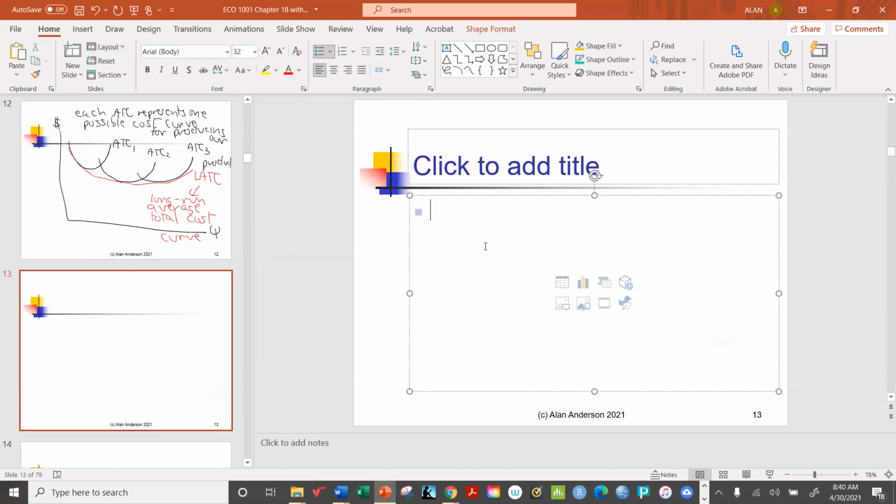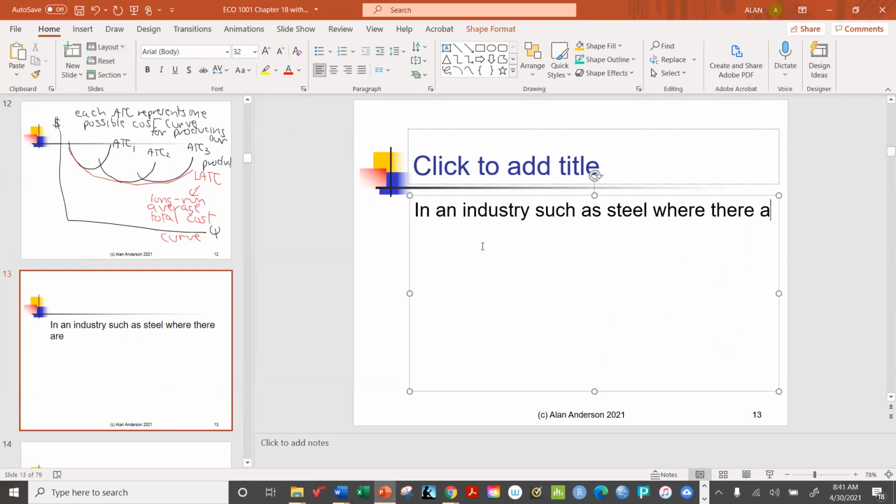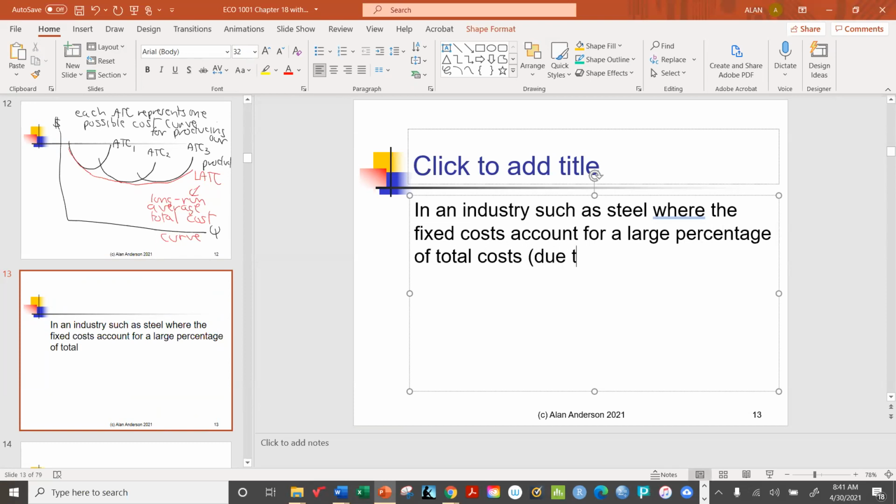Okay, so in an industry such as steel, where the fixed costs are very large, or I guess what I should say is the fixed costs account for a large percentage of total costs due to the need for expensive equipment.